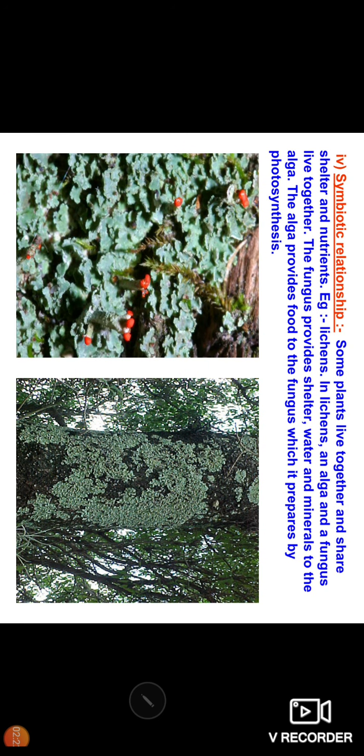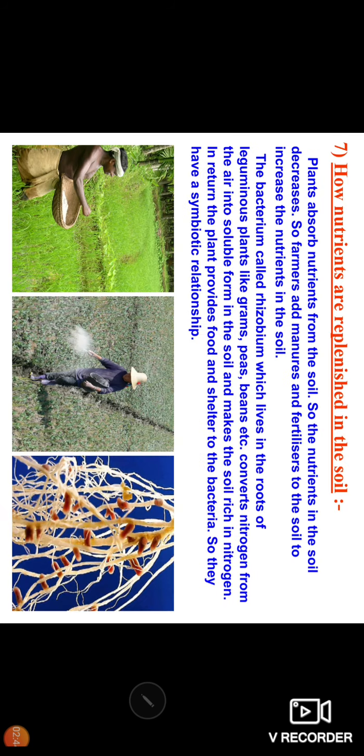And also, very important, we discussed the symbiotic relationship. Example, lichens. In this process, one plant is helpful for another plant. That means the fungus provides shelter, water, and minerals to the alga. The alga provides food to the fungus, which is prepared by photosynthesis. And also we discussed nutrients, that means how the nutrients are replenished in the soil.